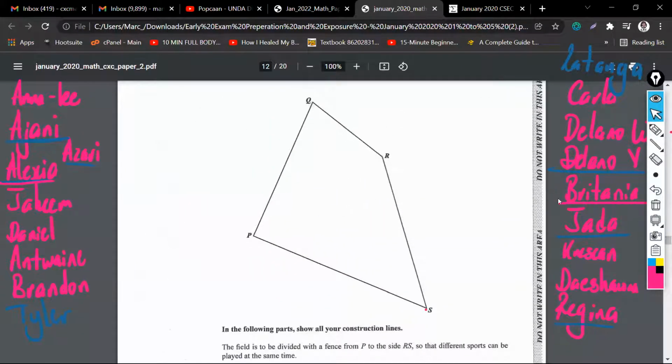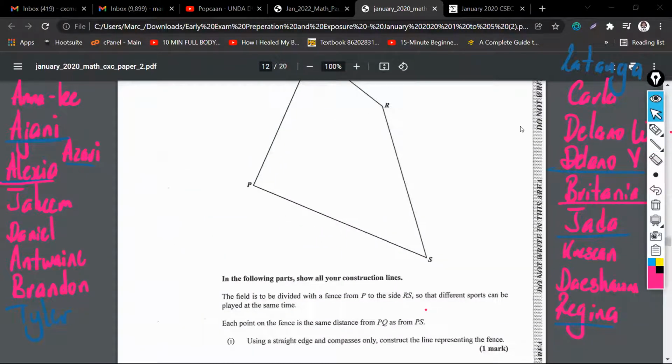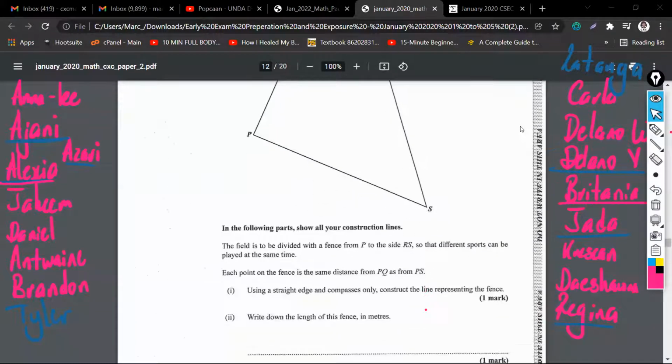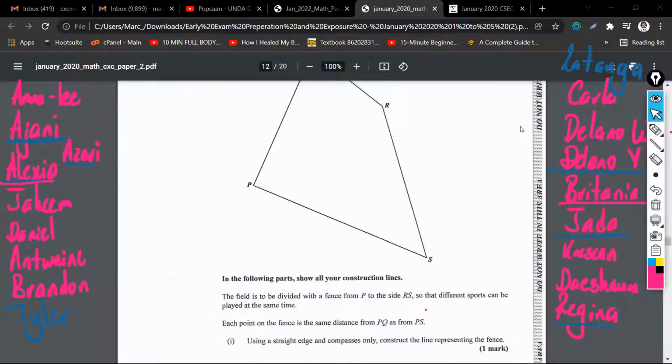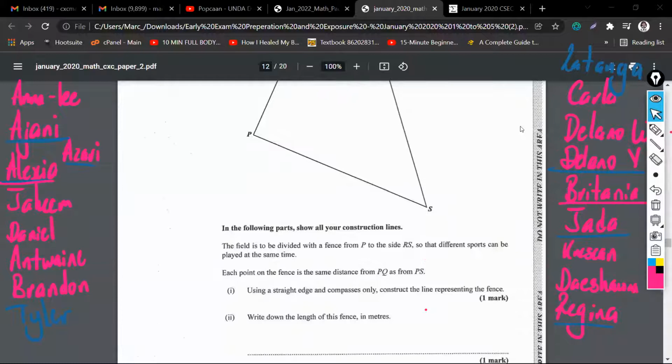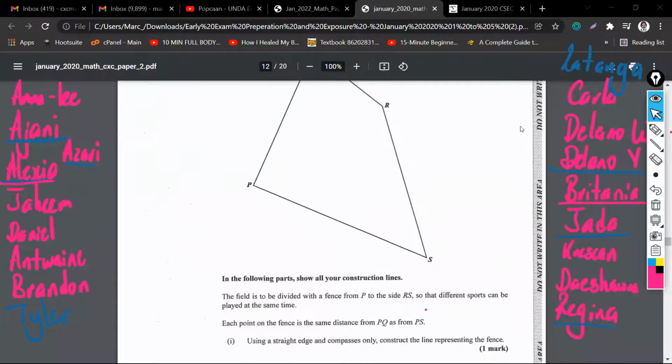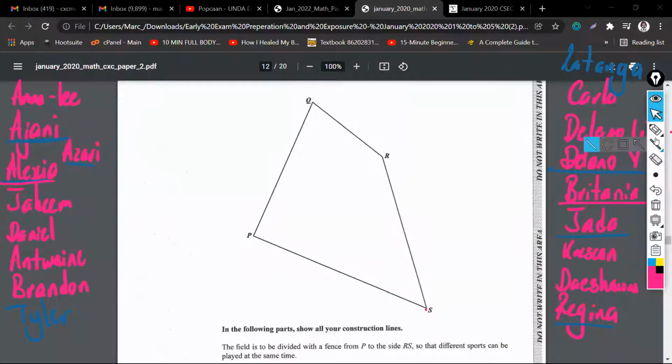It's not so easy to do on the screen. But basically, guys, you'd end up splitting it from P to the side RS, so that PQ is the same distance as PS. So basically, you would end up splitting the field like this.